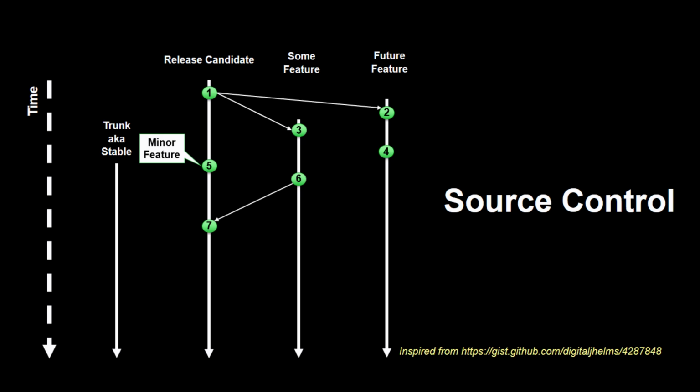So we think that the sum feature is done, so we're going to merge that back into our release candidate. You can see here now we're running the tests. We have a little minor thing that got integrated in there, and we're ready for our first release. The other feature is still in progress. We're going to merge back from our release candidate.